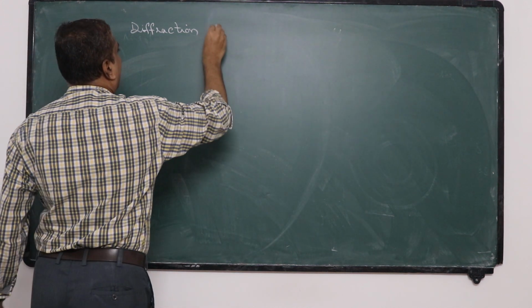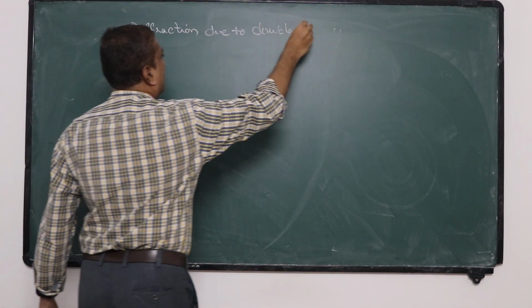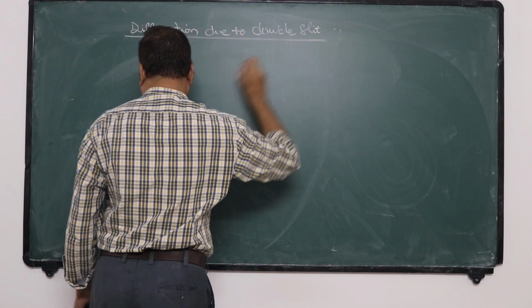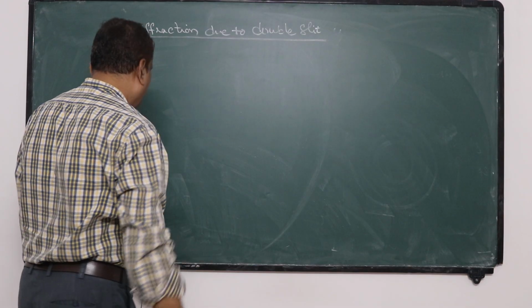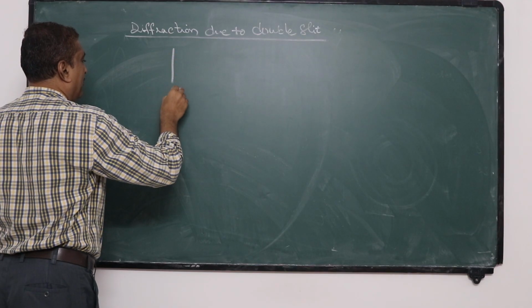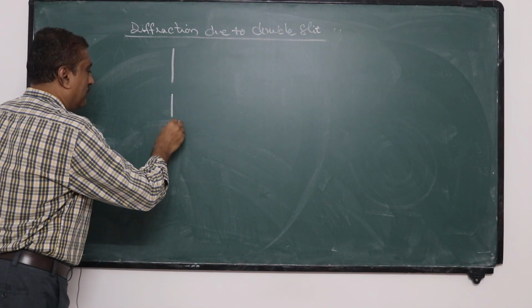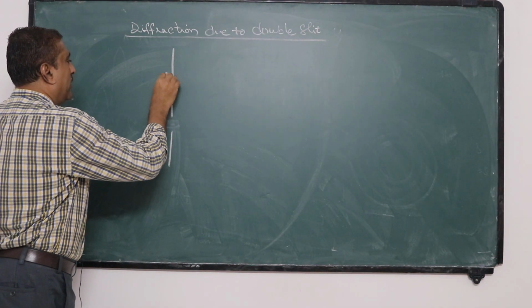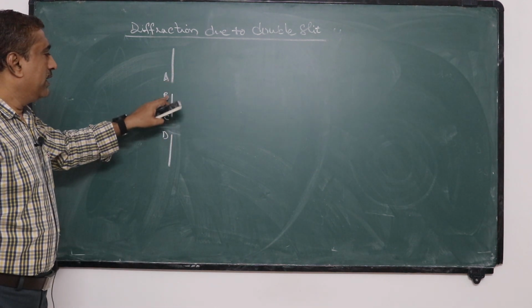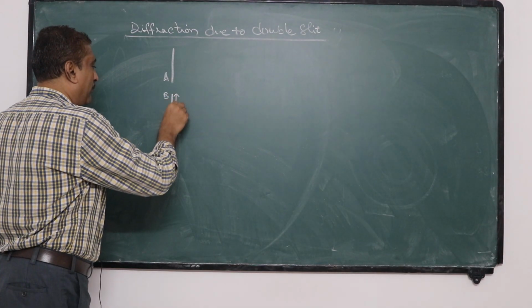Now, diffraction due to double slit. So, assume that AB and CD are two identical slits separated by a distance d.